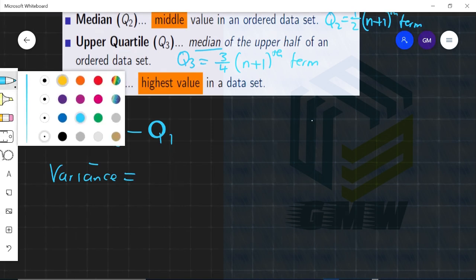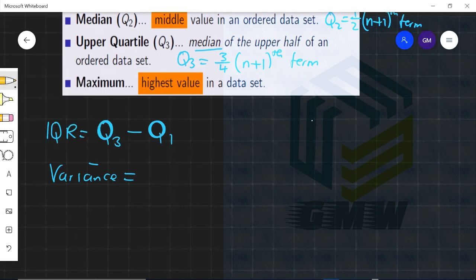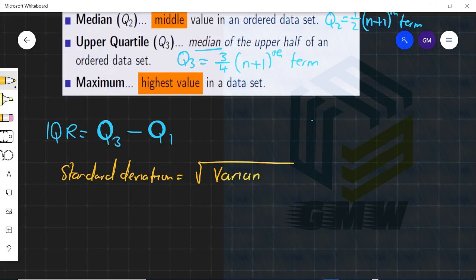The only thing I'll give you here is the relationship between standard deviation and variance. Standard deviation is equal to the square root of variance. So once you get variance, you can get standard deviation. Are we there?